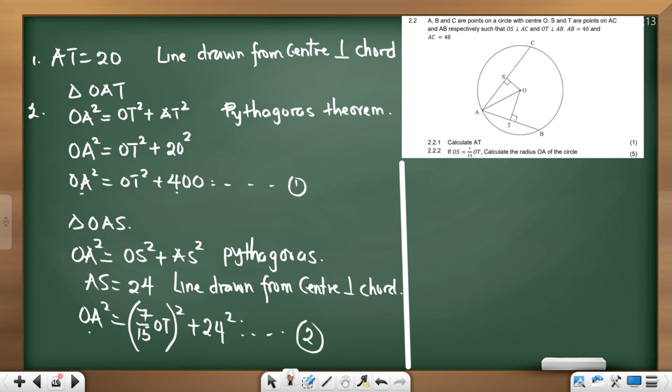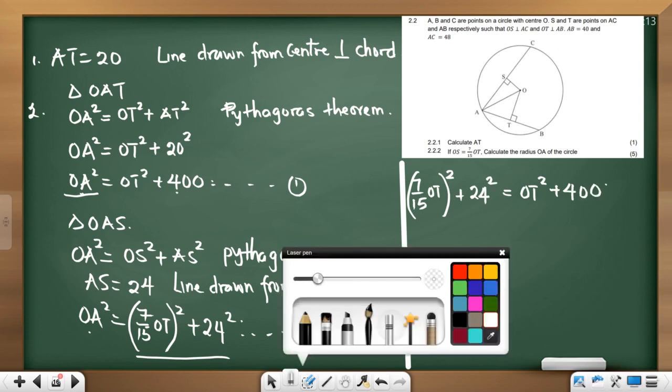So since OA squared equals that, let's just substitute. Instead of writing OA squared, I'm going to write this whole expression: 7 over 15 OT squared plus 24 squared. That's my OA squared, equals OT squared. I hope it makes sense.